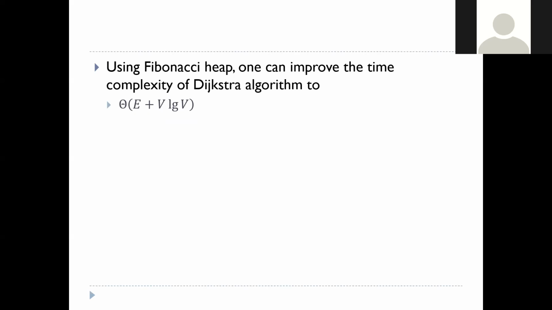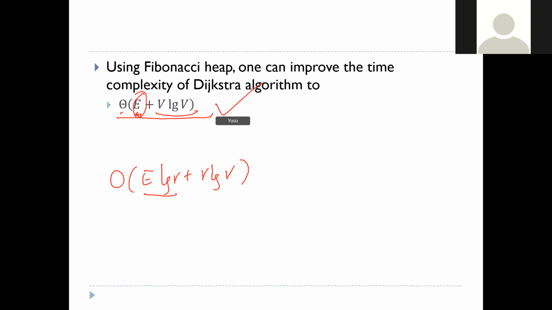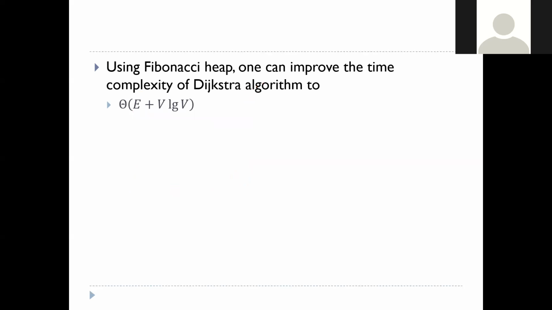We can improve the time complexity to be E plus V log V. So what's the difference? Just now we said it's E log V plus V log V, okay? So if E is dominating, here is E, here is E times log V. So this is definitely better, okay? So it can further improve the time complexity, okay?